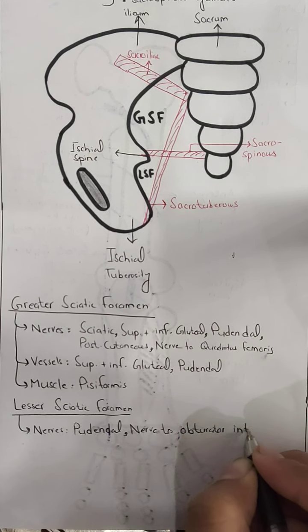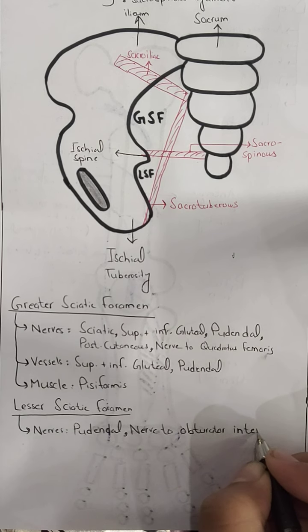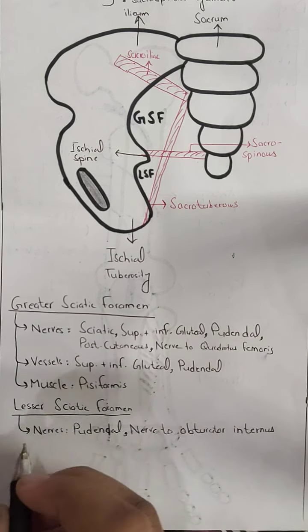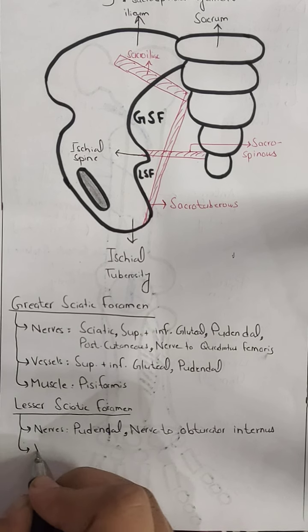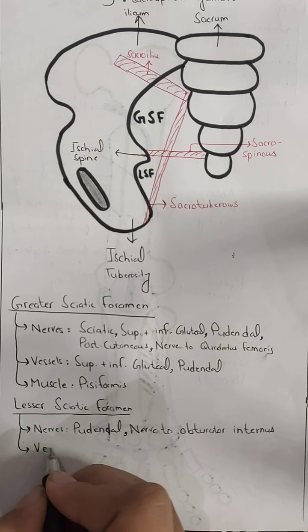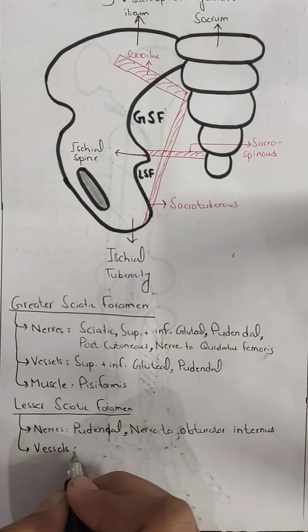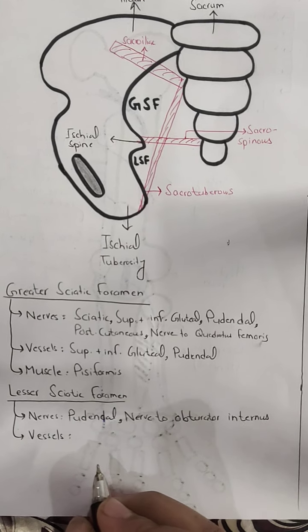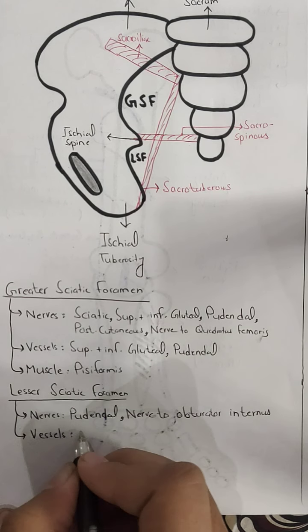Okay, now we will see the vessels of the lesser sciatic foramen. The vessels of the lesser sciatic foramen include the internal pudendal vessels.